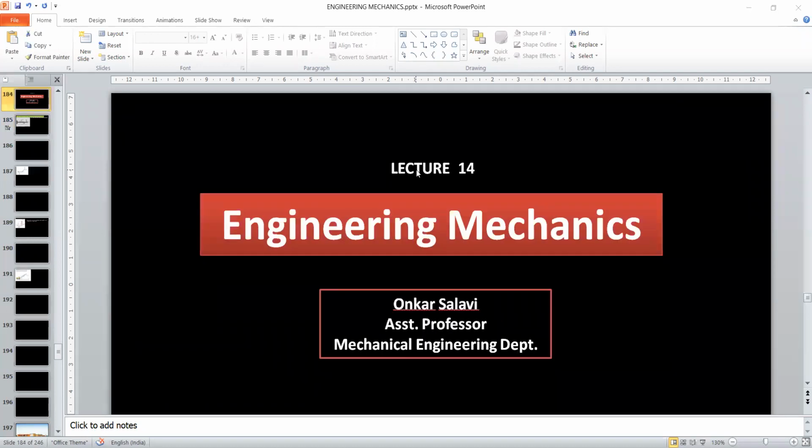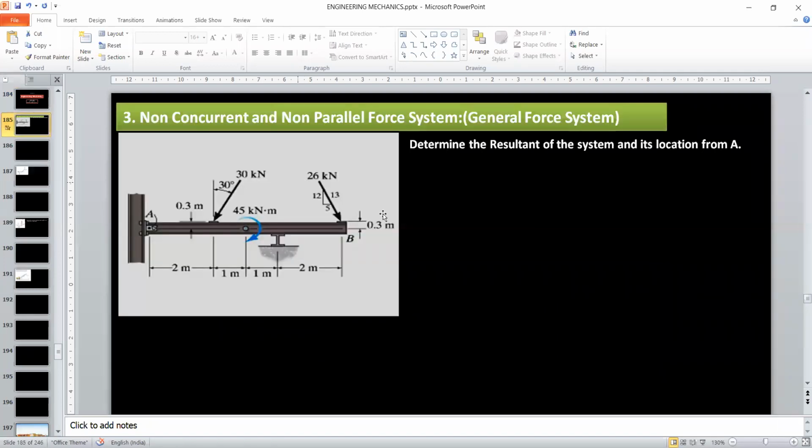So this is lecture number 14. In the previous session, we started with the non-concurrent, non-parallel force system, which is also called a general force system. So this was the first example on the general force system. Here, one beam AB is fixed at point A, and two forces are acting on this beam.